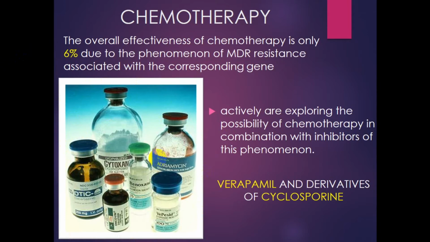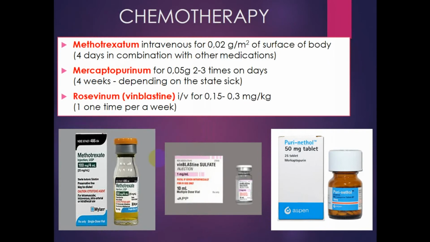Such drugs as verapamil and derivatives of cyclosporine are commonly used. Methotrexate, mercaptopurine, rezovinum, or vinblastine are used too. Here you can see the concentration and dosage of these drugs for treating tumors in urinary tract. Here you can see their pictures.